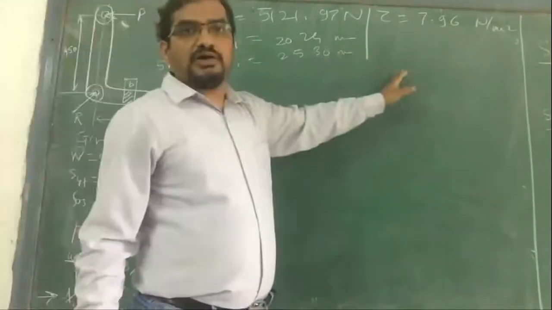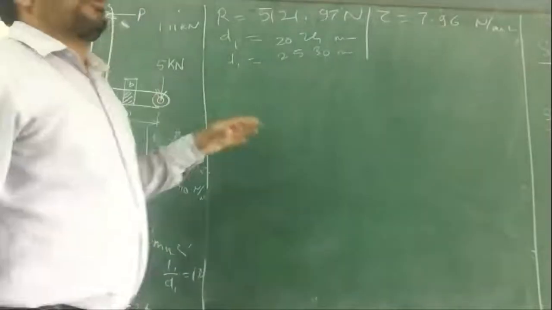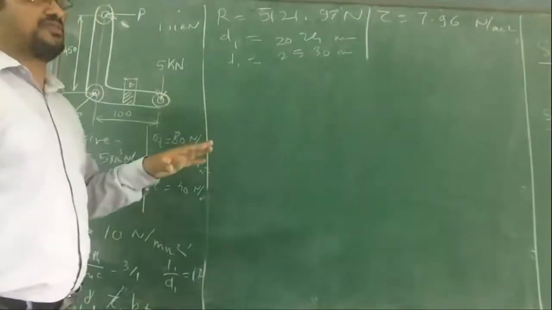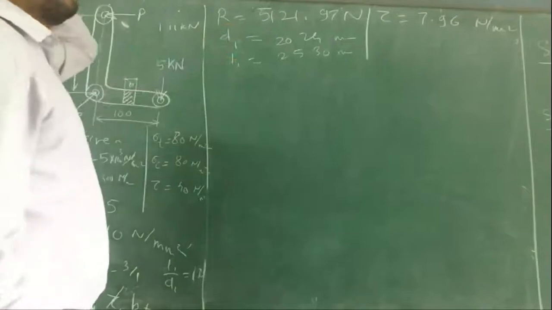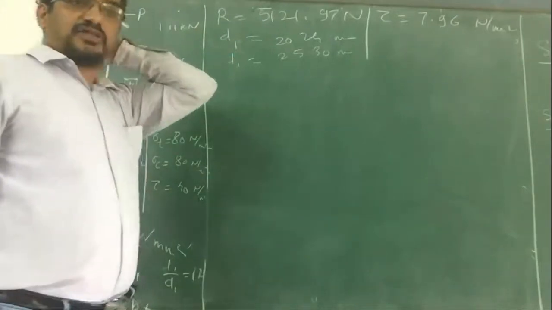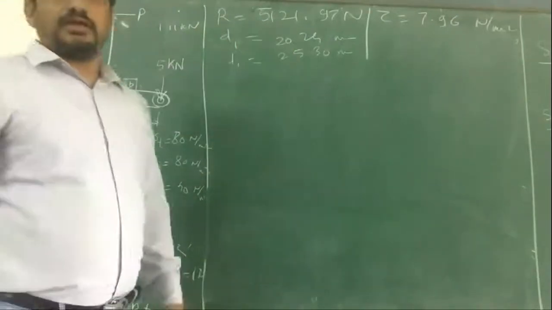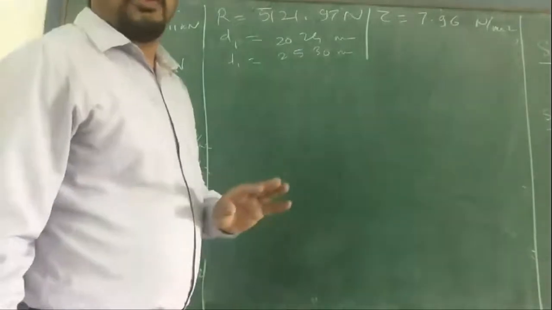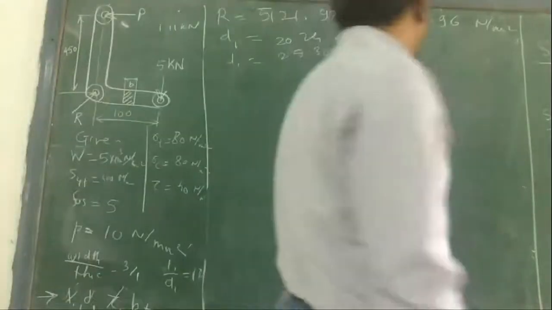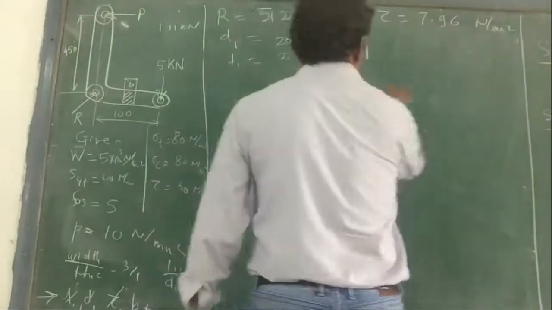We found the length and diameter of the boss, so our boss is ready. We found the shear stress in the fulcrum pin. Now the only thing remaining is the calculation of the arm. This is the lever arm.